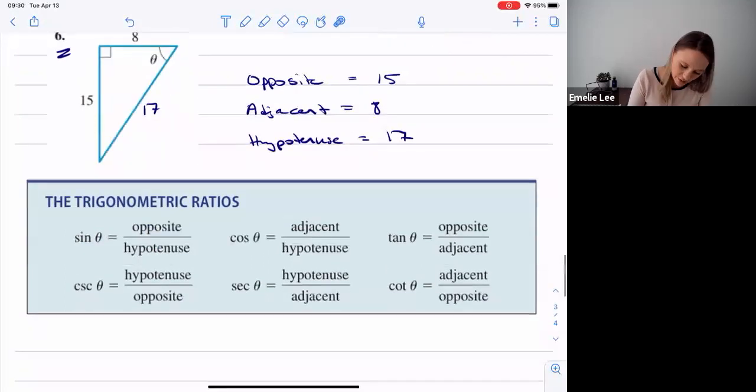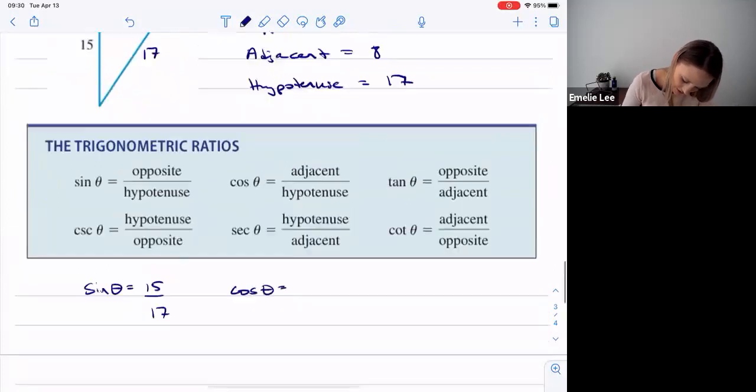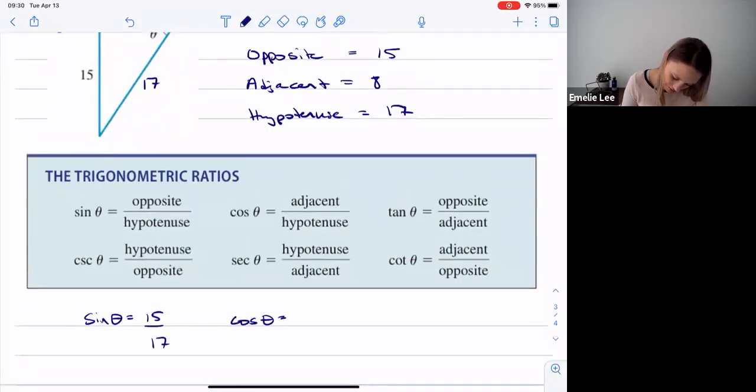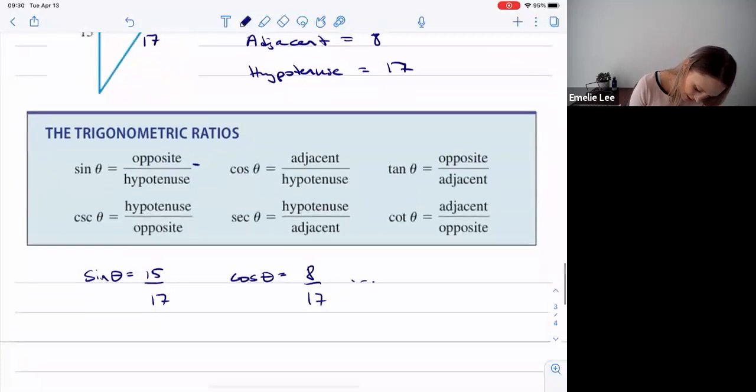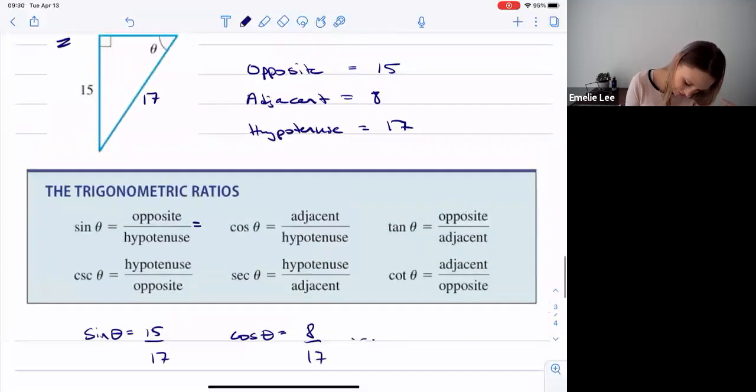So if you wanted to write, okay, sine theta is 15 over 17, cos theta is adjacent over hypotenuse, so 8 over 17. But I'm going to put them in here just so I can see the direct links. So the opposite is 15 over the hypotenuse, which is 17.